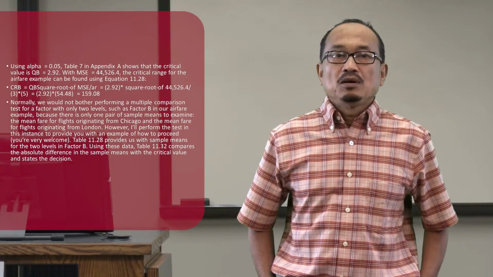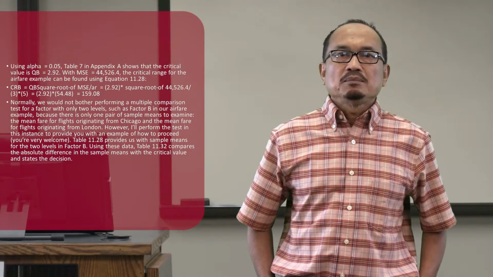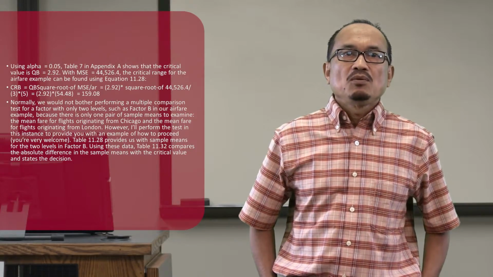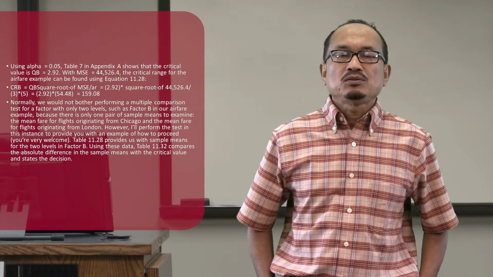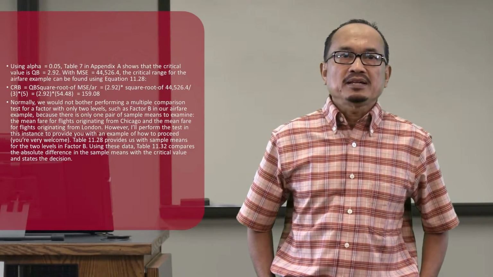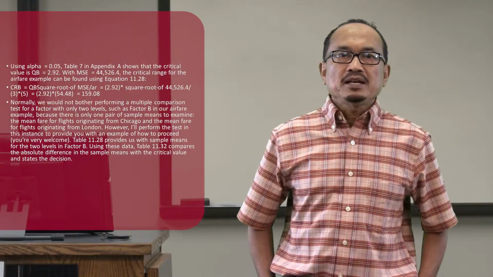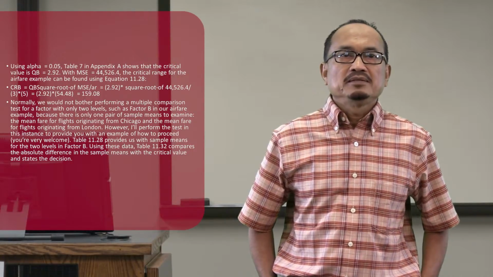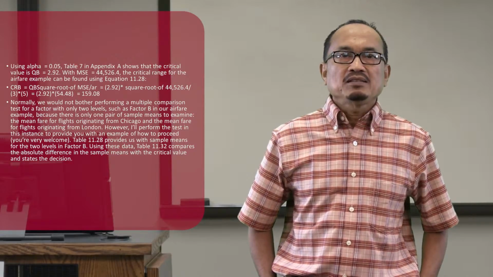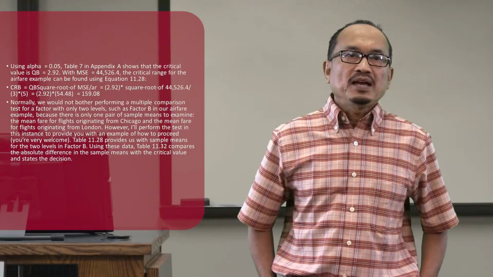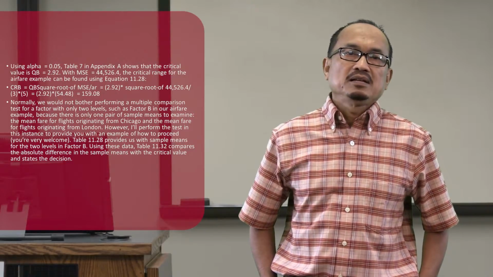Normally, we would not bother performing a multiple comparison test for a factor with only 2 levels, such as factor B in our airfare example, because there is only one pair of sample means to examine: the mean fare for flights originating from Chicago and the mean fare of flights originating from London.